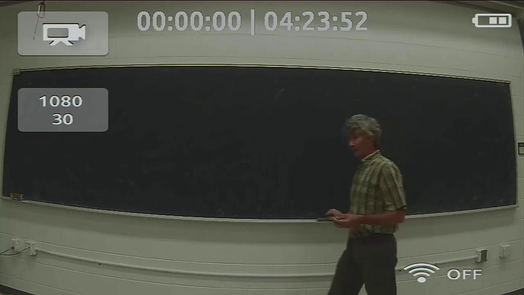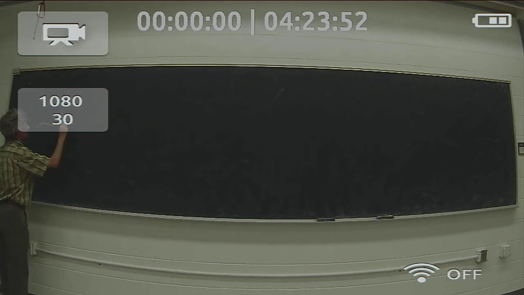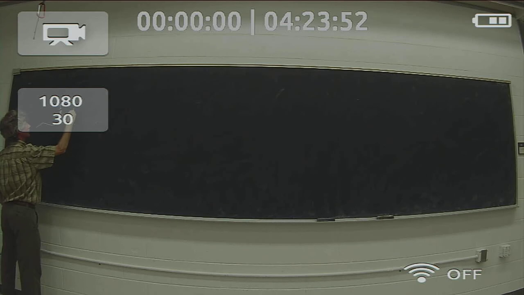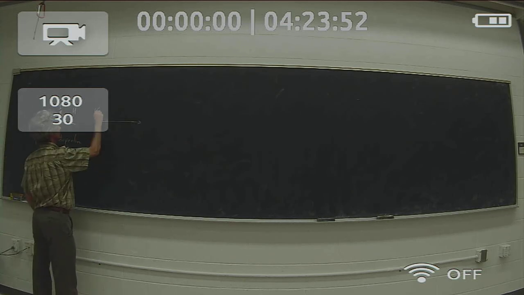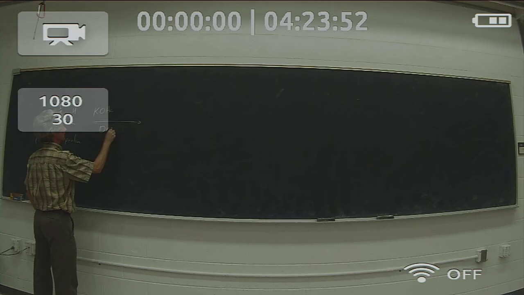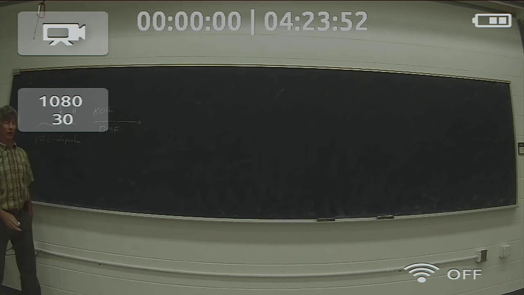So if we write that reaction out, what we're looking at is our S-2-iodopentane reacting with potassium acetate in a polar aprotic solvent.